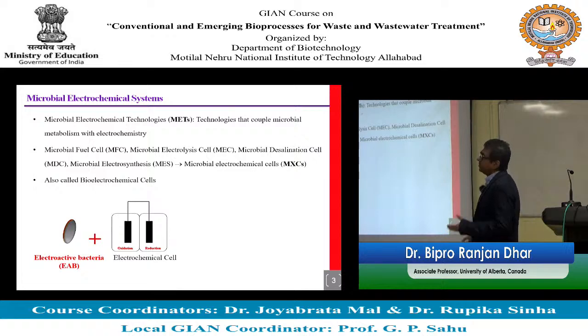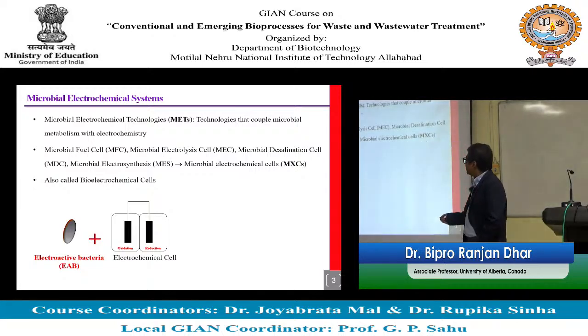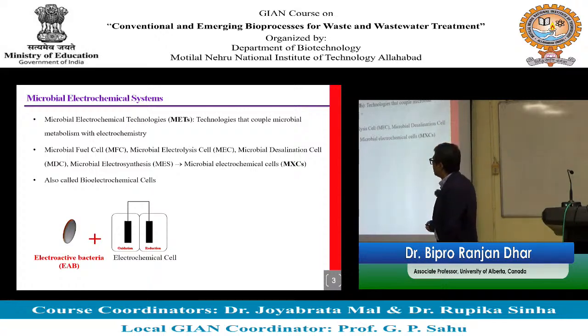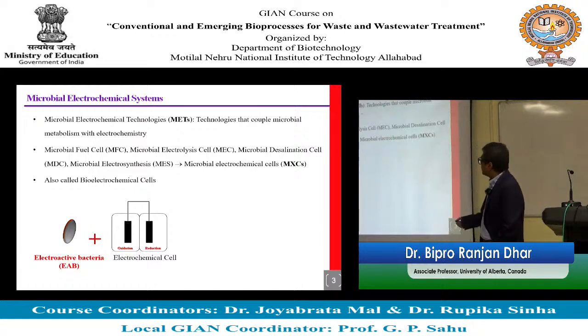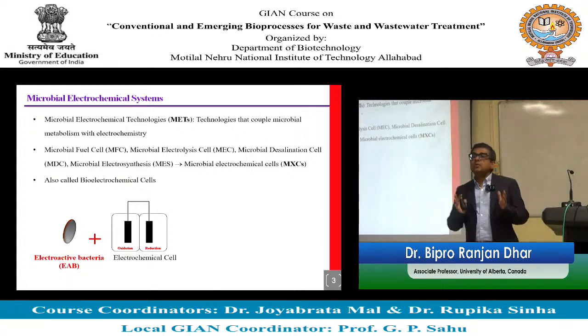When we talk about electrochemistry, it's an electrochemical cell, with an anode and cathode, and you can have an oxidation reaction on the anode and a reduction reaction on the cathode.